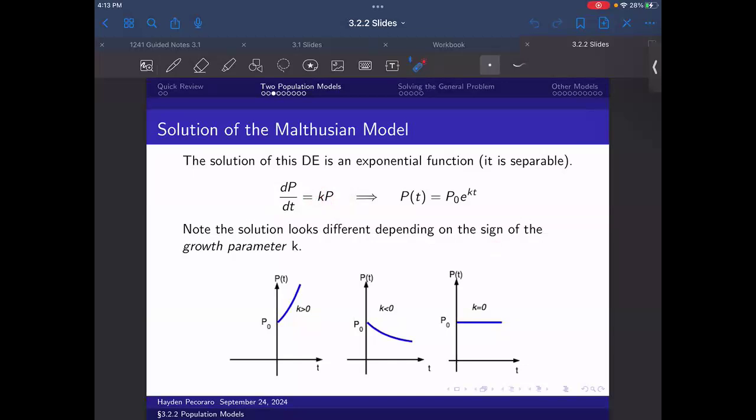Populations are dying off faster than they're growing. I think that's an issue in places like Japan right now. And so we get different looking solutions based on the values of k. If k is positive, in this model, you get exponential growth, versus negative gives you decay, or k could be 0 and you get constant. This is rare.